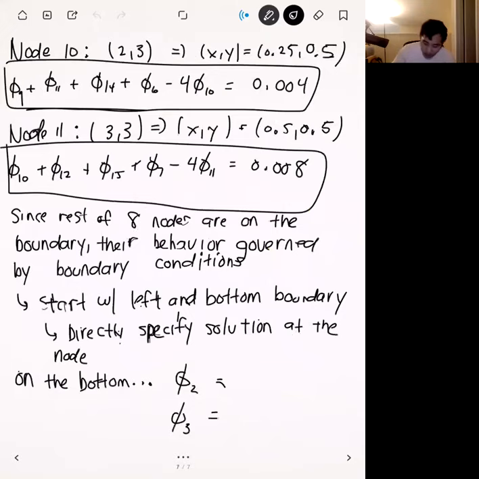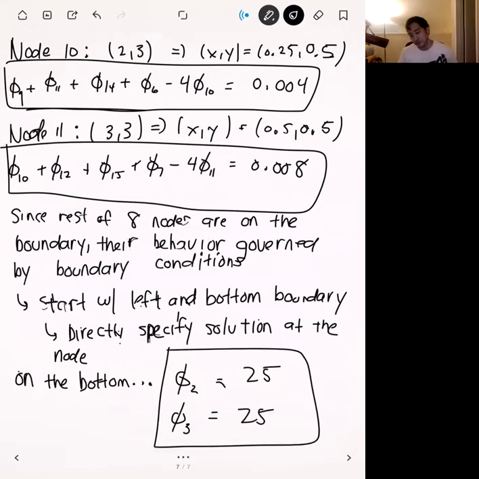So phi2 is equal to 25, and phi3 is equal to 25 as well. Just like that, we have our two more equations. So we have 6 equations down: our 4 interior nodes and 2 nodes on the boundary, and then we have 6 more to go. Let's continue and do the left boundary.